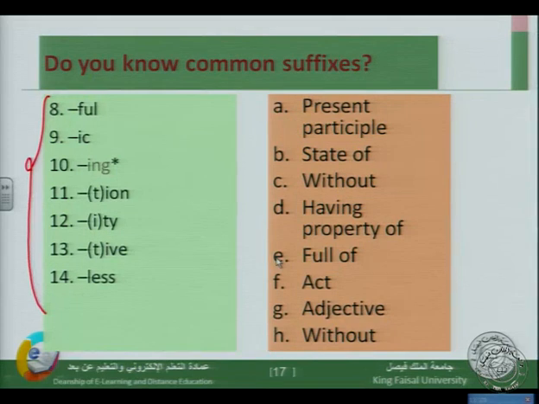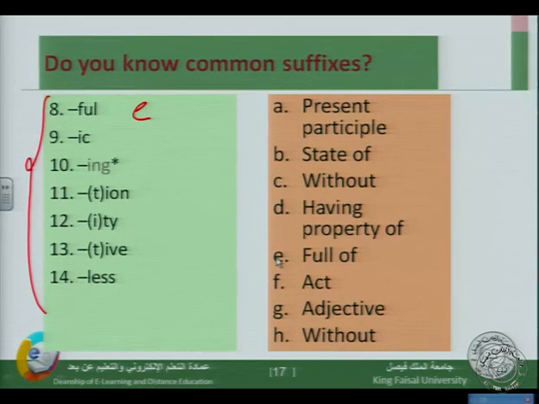Okay, let us now match these suffixes, or maybe I will leave this one for you because I have done some of them. So I will do maybe the first three. Full, we said that full is used to talk about something full of, like careful or beautiful.